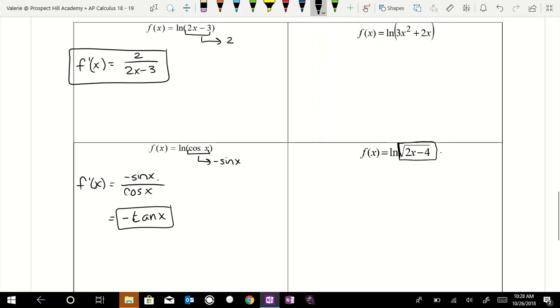So this is the ln of 2x minus 4 to the 1/2, right? So when you're taking the derivative of what's inside the ln, you have to be taking the derivative of 2x minus 4 to the 1/2, which you'll need chain rule to do. And that's the end of this video.